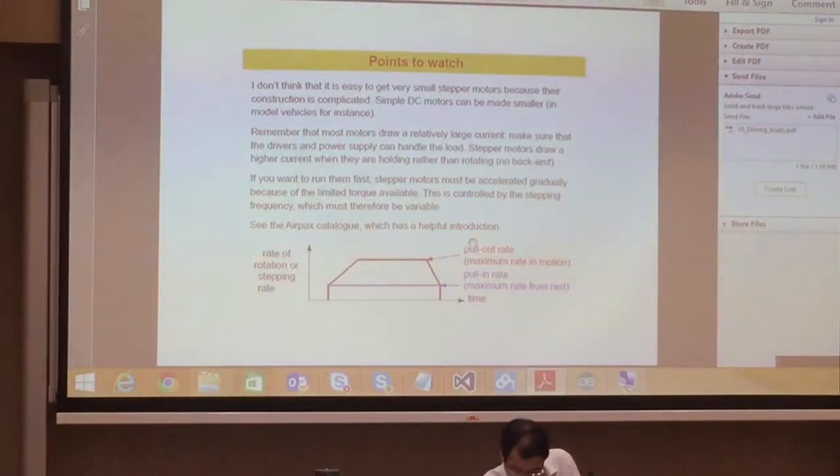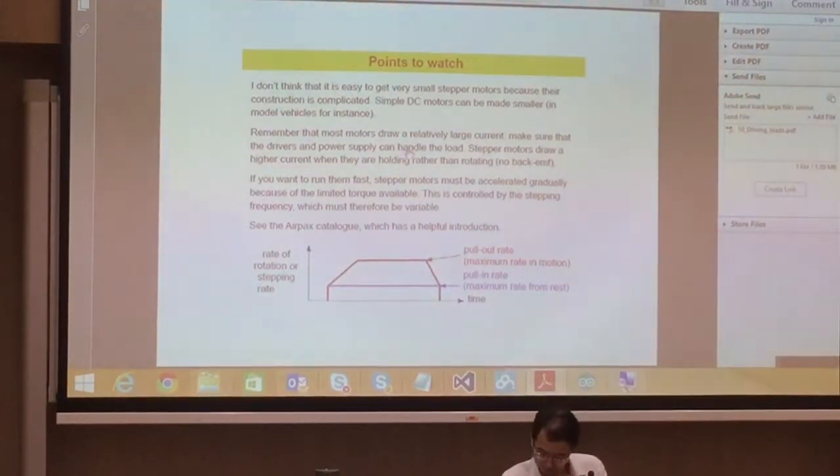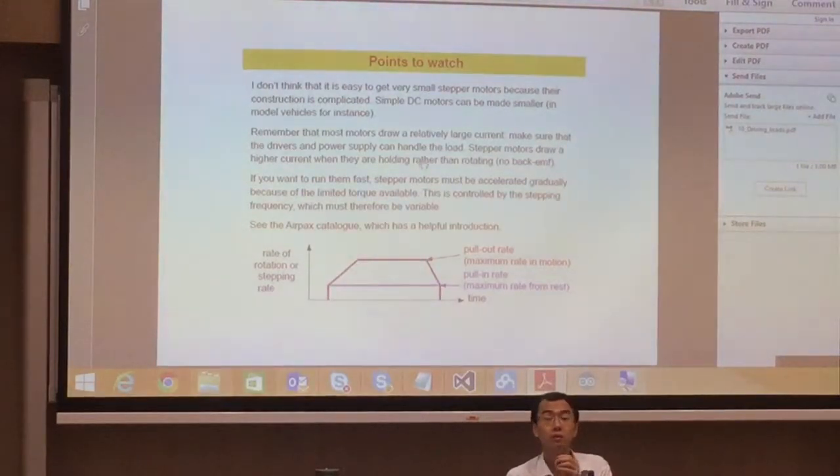Also you need to remember, for most motors you need to supply a much bigger current to make sure the current is sufficient to drive the motor. So for all these things, again, you need to look at the data sheet.